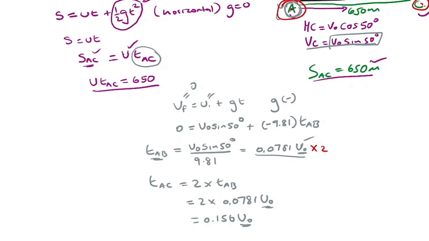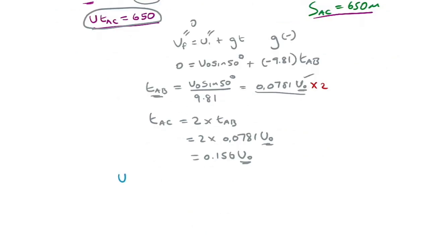We go back into our formula: U times the time from A to C is equal to 650.